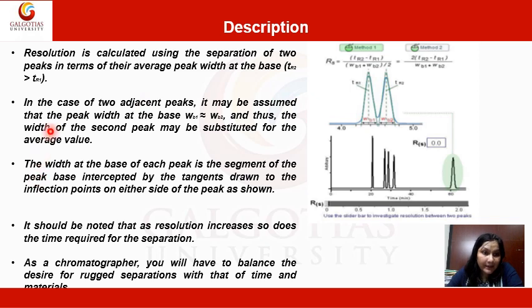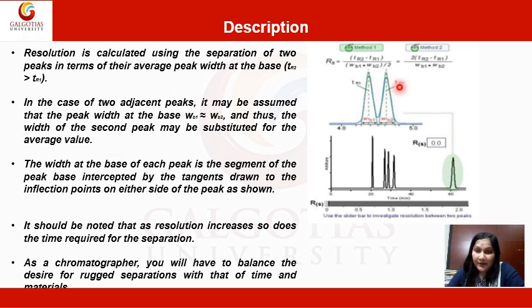In the case of two adjacent peaks, it may be assumed that the peak width at the base Wb1 is approximately equal to Wb2, and thus the width of the second peak may be substituted for the average value.